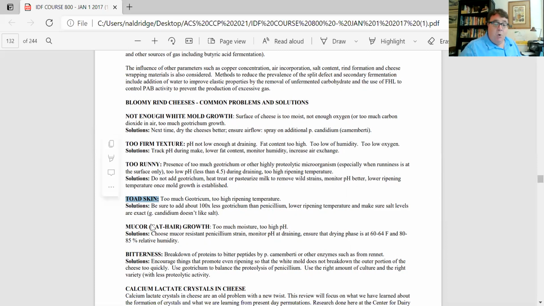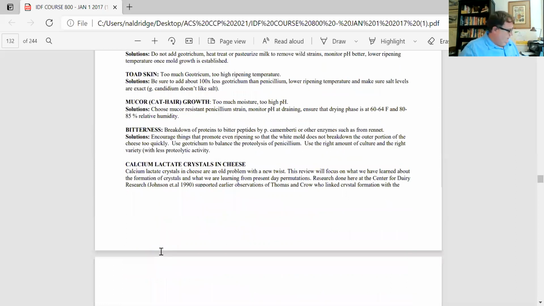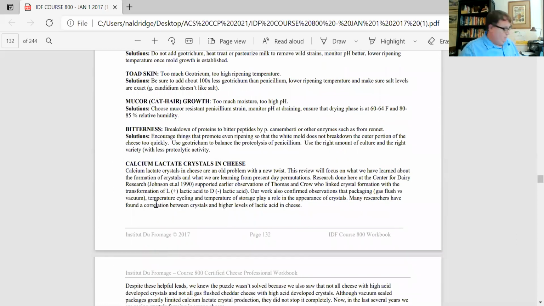What is mucor? What is bitterness? There's actually a definition of bitterness. I'm trying to highlight it on the screen here, having trouble, but know that. And calcium lactate crystals. So on page 132, toad skin all the way to the bottom, know all of those.